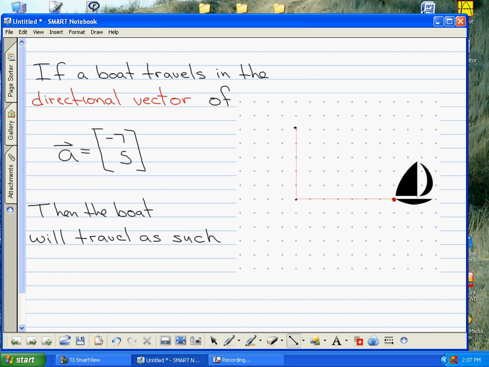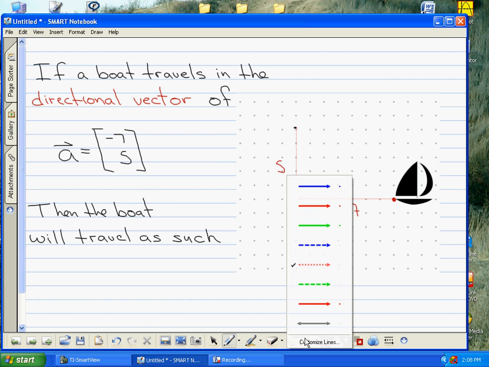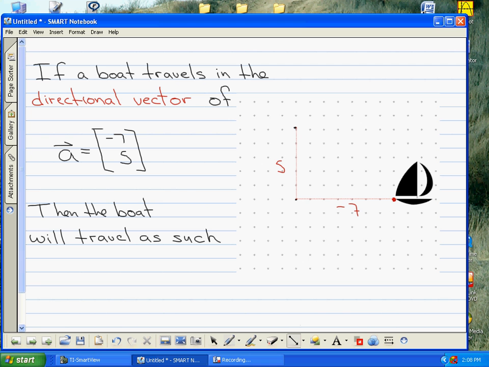So here I have -7, or 7 units towards the west, and 5 units towards the north. The actual direction of the boat is now traveling in this direction. So if we were to look at this boat's travel, it would just simply be going like this along the high seas and continue in that direction as such.